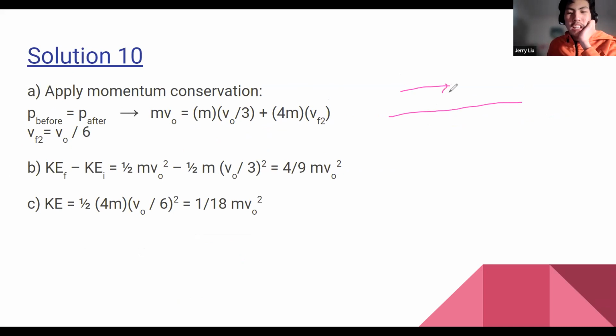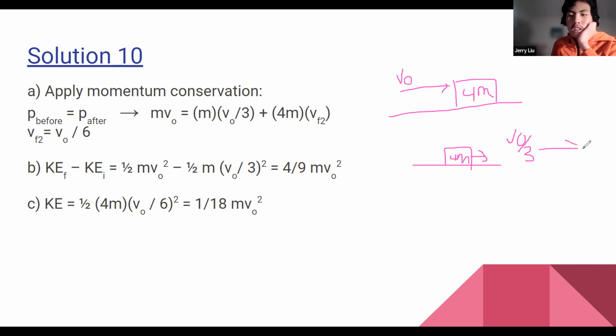You have the bullet traveling at v0, and this is 4m. It ends with the block traveling with some speed, and the bullet traveling at a speed of v0/3.